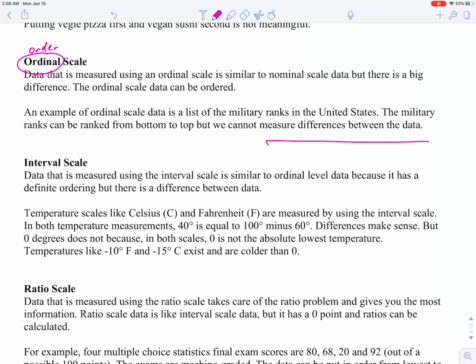But in the interval scale, 0 degrees does not mean the absence of heat. So in the interval scale, the number 0 does not mean the absence of the item. 0 degrees does not mean 0 heat exists. If you take some physics classes, the absence of heat occurs at a much lower temperature than that.